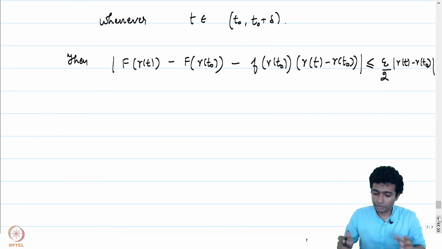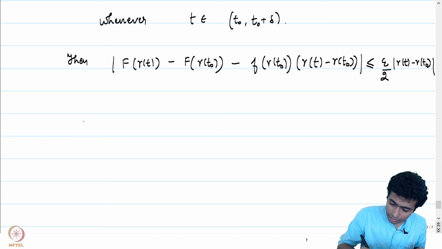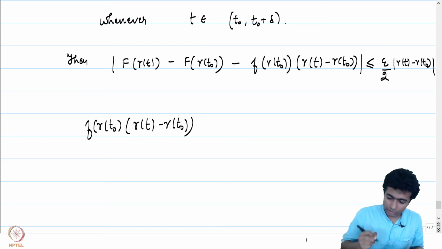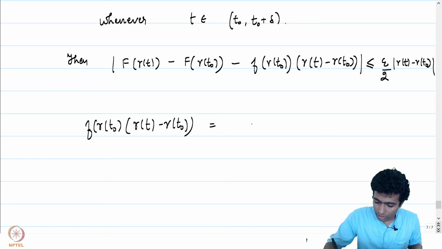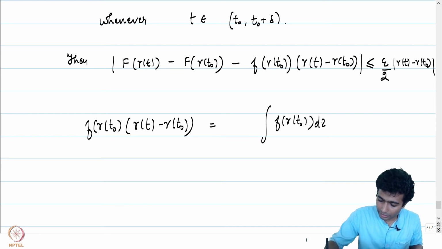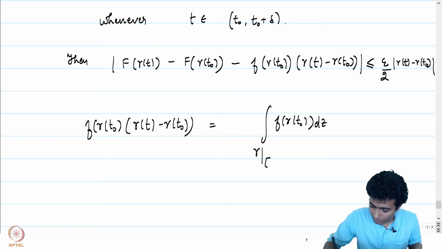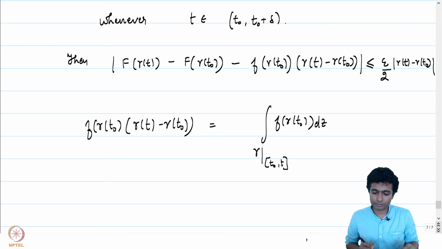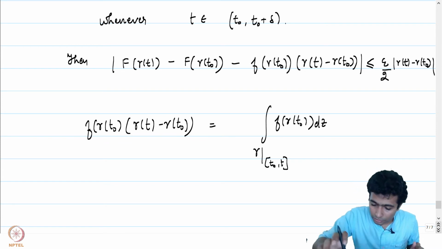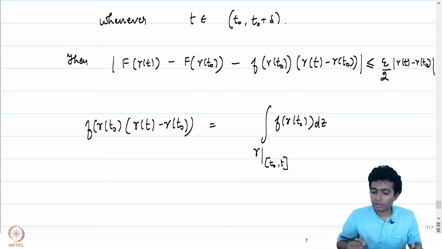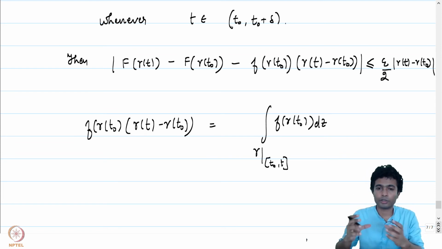Now let's focus on the term F of gamma of T naught times gamma of T minus gamma of T naught. This is exactly equal to the integral of F of gamma of T naught dz, where the integral is restricted to T naught comma T. Remember that T is greater than this. Let me remind you that T is an element in the open interval T naught to T naught plus delta.